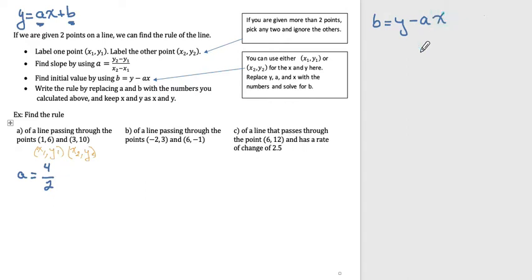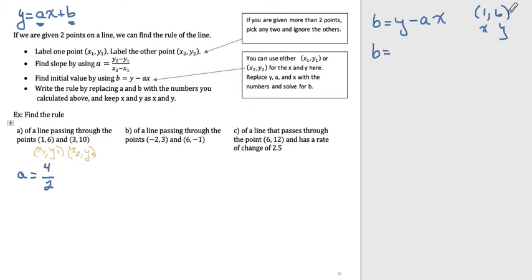And now we know what a is. We know that a is 4 over 2. So b is, and we can use either of these points, either (1, 6) or (3, 10). So I'm going to use (1, 6).